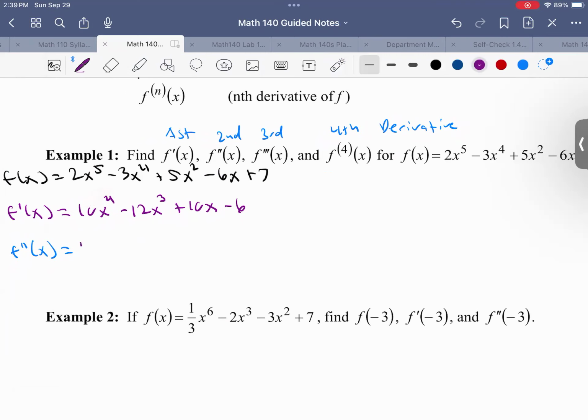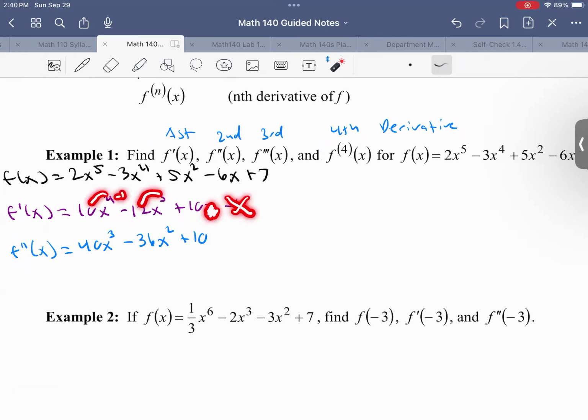So this becomes 40x cubed minus 36x squared plus 10. The constant goes away, and then the x just drops. Power rule, that drops down, we subtract 1. So that's the second derivative.